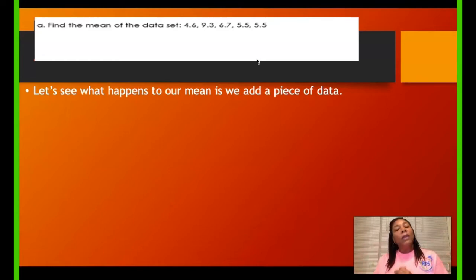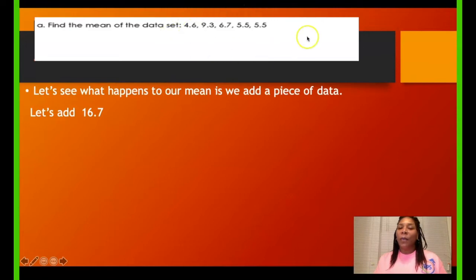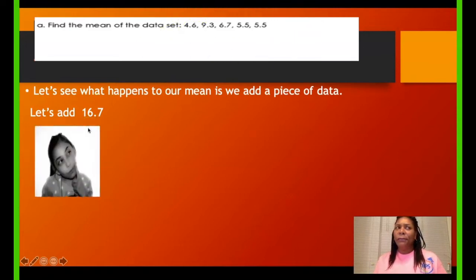So now we're going to see what happens if we add a piece of data. Let's add a piece of data and see how that impacts the mean. So let's add 16 7/10 to our original data set up here. And you may be saying to yourself, that doesn't sound right.